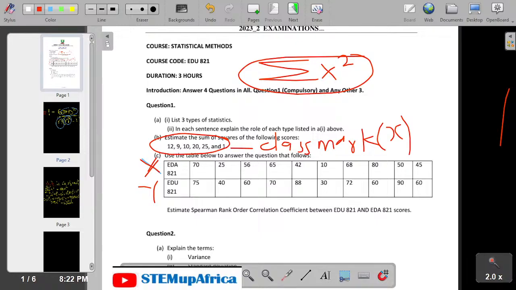Okay? So let's see how we generate a table for both of them.